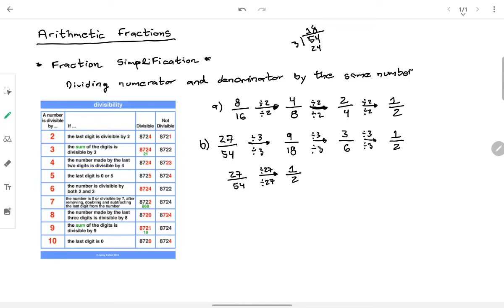So fraction simplification can be simple or can be done in many steps. That depends on your abilities, on how much you remember how these divisibility criteria are used.